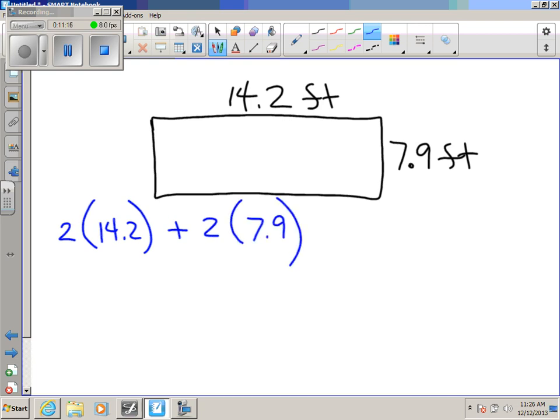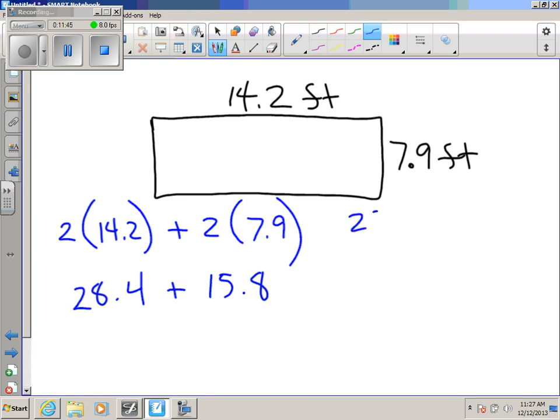Sure, it'd be a lot easier if we could just round, but we'd only round if they ask us to estimate. So they're not asking us, I'm not asking you to estimate. Here's the formula. I could say 14.2 times 2 is 28.4. 2 times 7, 14, plus 1.8 should be 15.8.